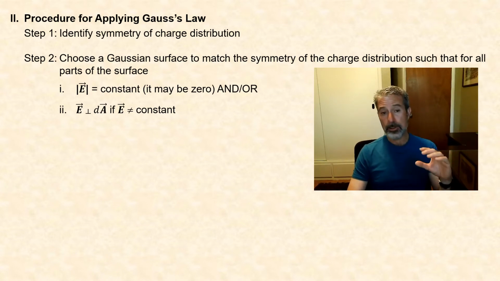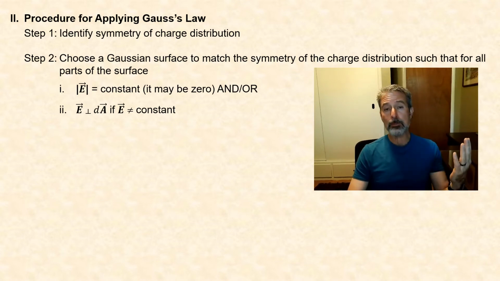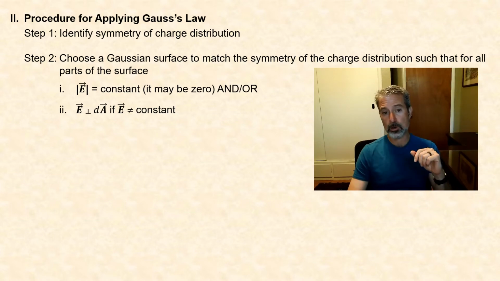If the electric field was not constant in magnitude, it becomes impossible to evaluate the flux integral unless this condition is met. If the electric field is perpendicular to the area vector dA, then there is no flux through that piece of the surface.